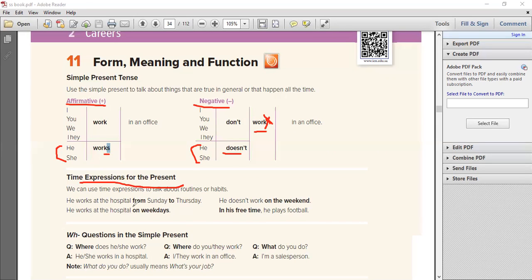So from and to usually comes with the routine for the present simple. On weekdays also is a time expression for the present simple, on the weekend also, and in his free time. And also don't forget the thing that we write always, which is every day.